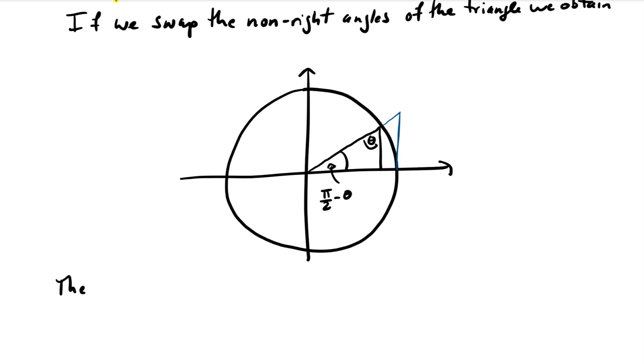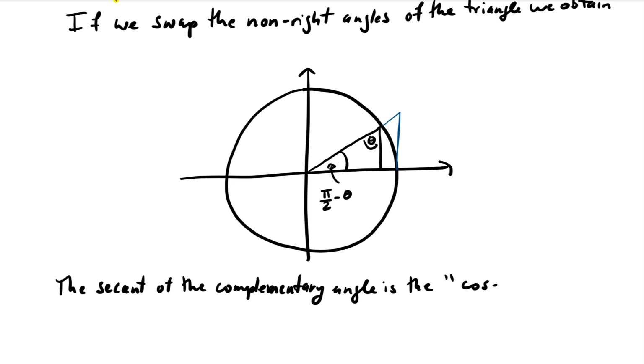So the secant of the complementary angle is the cosecant, and we're going to write it as cosec. That's going to be the cosecant of theta. So the secant of the complementary angle is called the cosecant of theta.